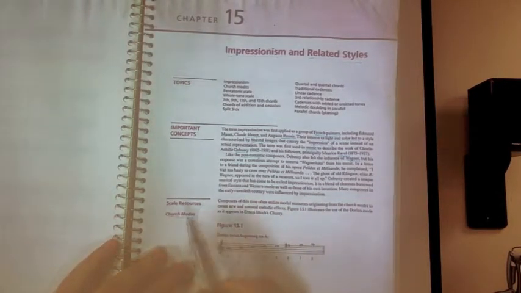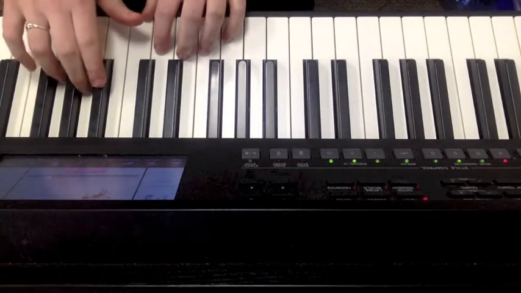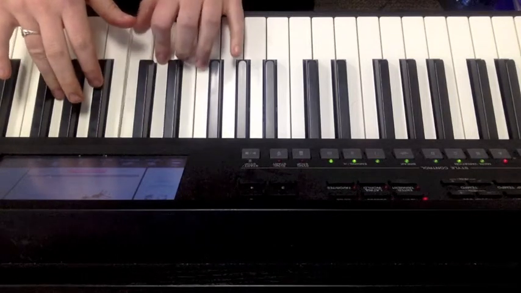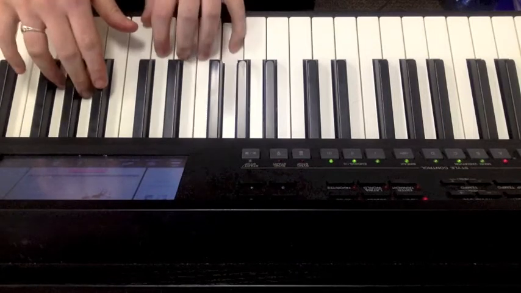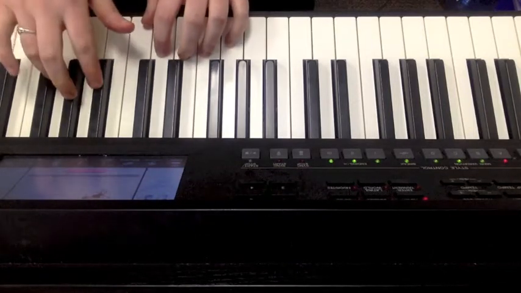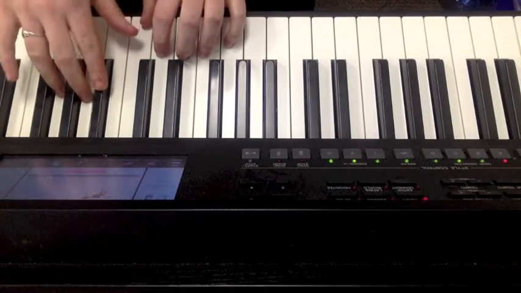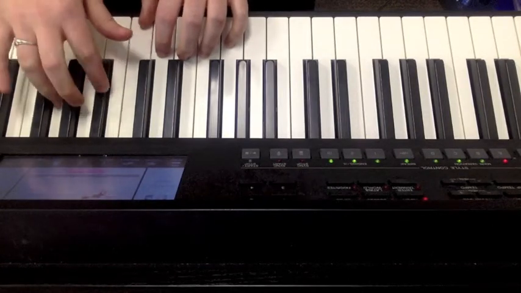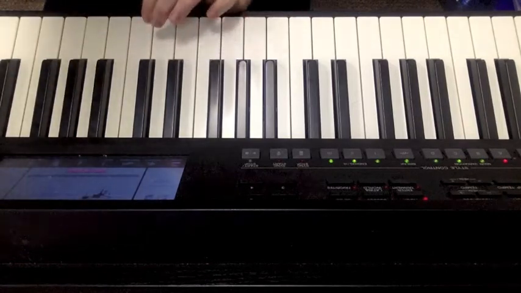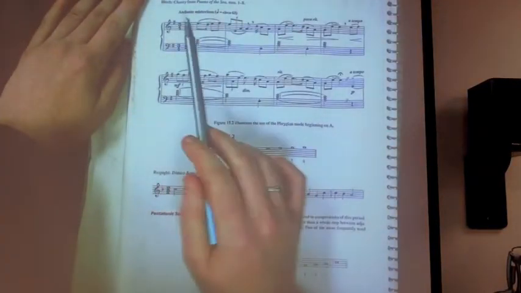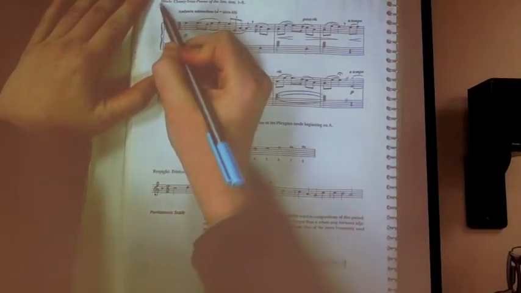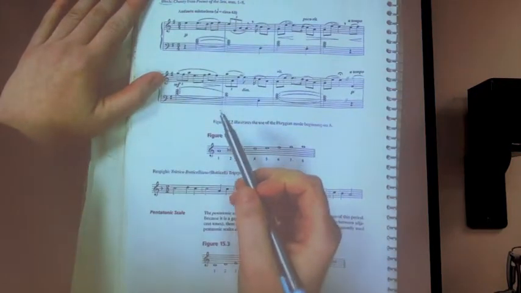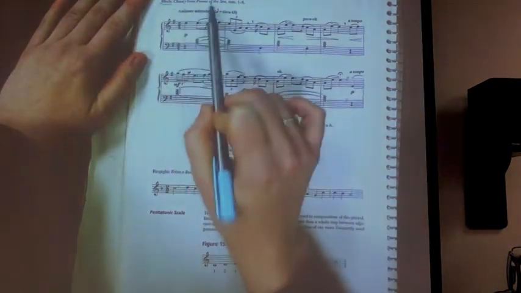In here we have Dorian mode, beginning on A. The half step changes from the 7th step to the 6th. You can see it represented here in the Bloch. Ernest Bloch is another composer of the Impressionist era, in these Chanty poems of the sea.